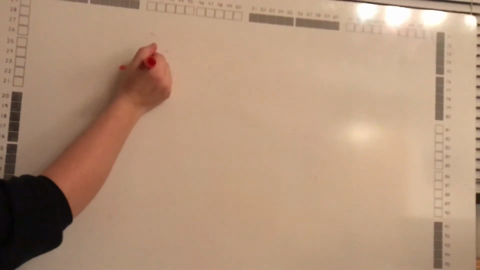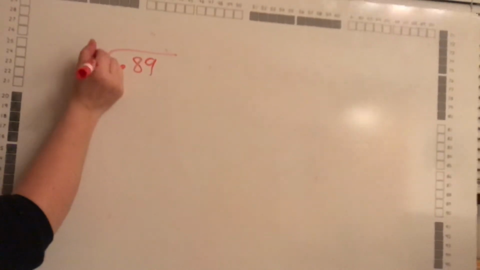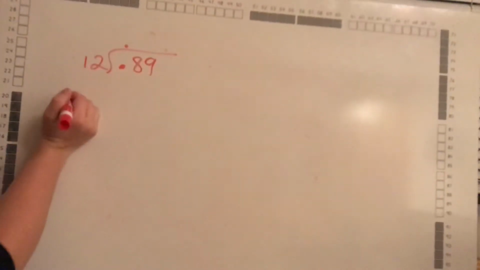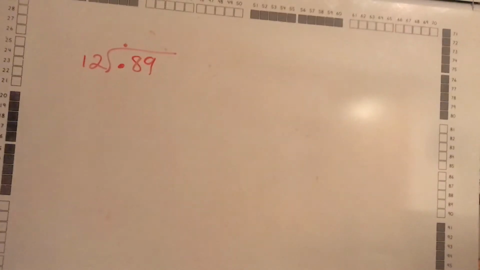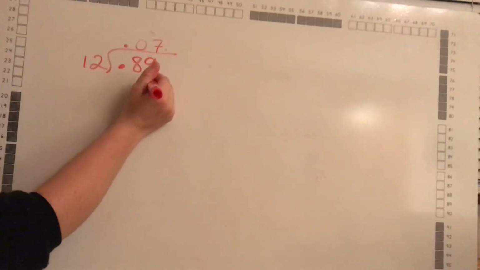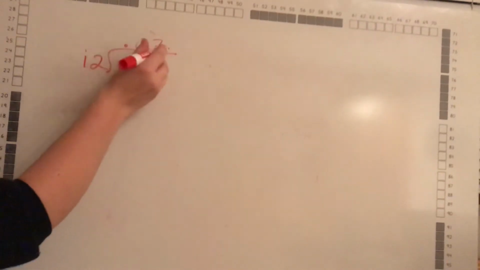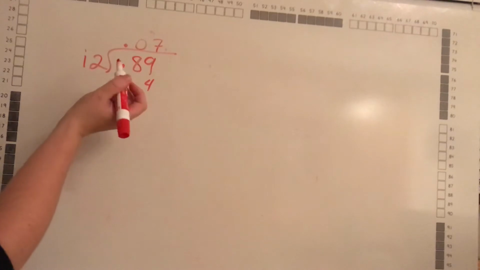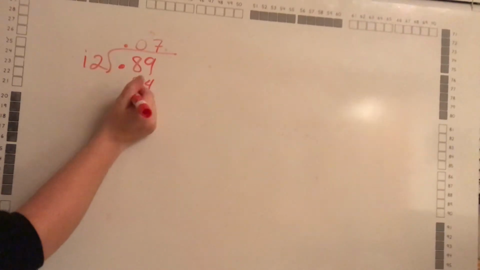So the first one is 0.89 divided by 12. And we know 12 times 5 is 60. And so 12 times 7 is going to be, 7 times 2 is 14, and it's going to be 84.